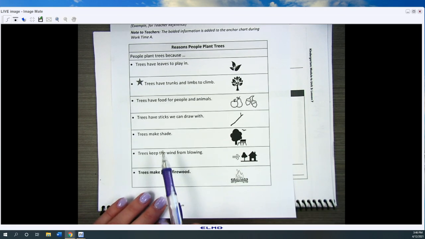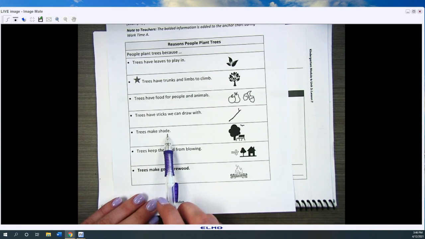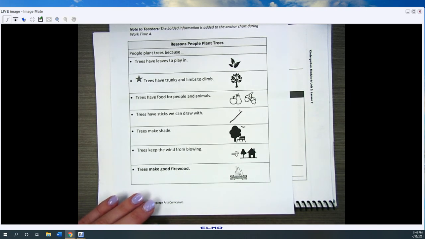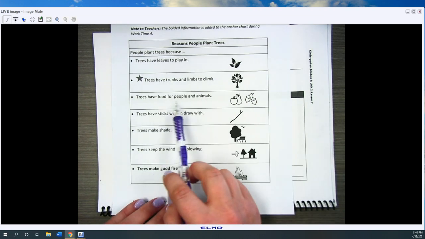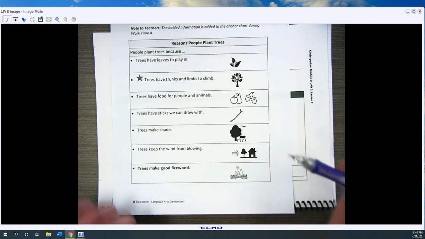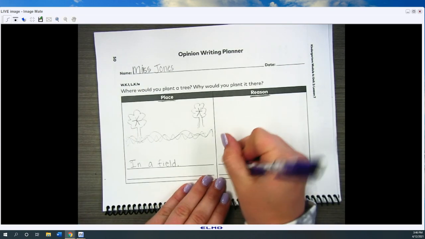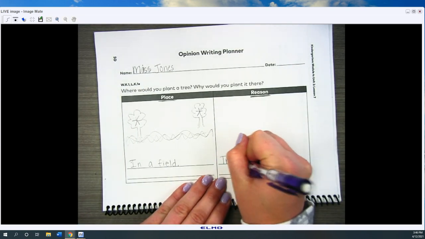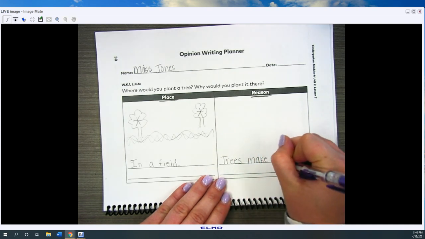I know that trees in the field can make good shade for farm animals, or I could say that trees have food for people and animals. So either one of those really works. I'm going to choose trees make shade. So then my reasoning is trees make shade.